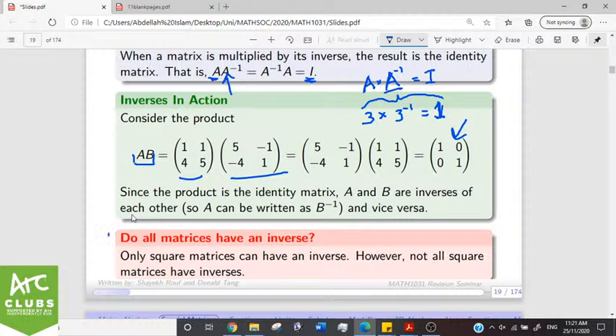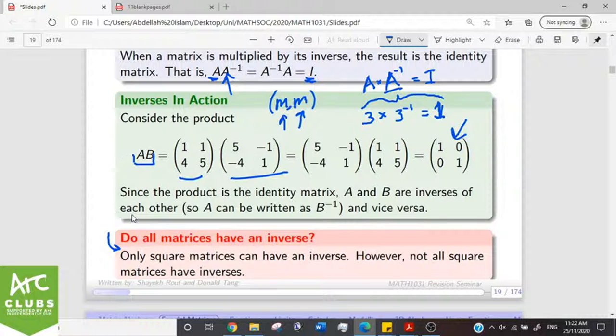So here's one way you know if a matrix has an inverse or not. It has to be square. So that means it has to be size m times m. You can't have a different number of rows than columns. So it needs to be square. That's your first condition. But we can't just stop there, because not all square matrices even have an inverse.